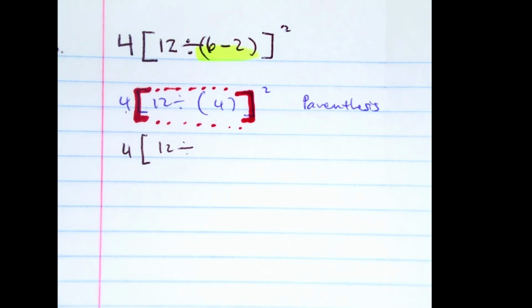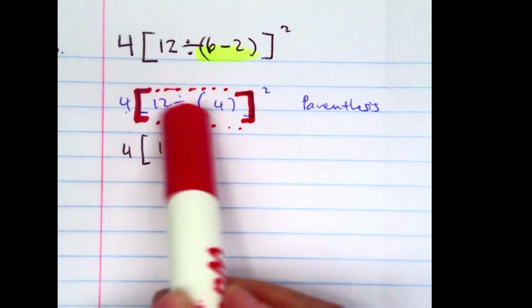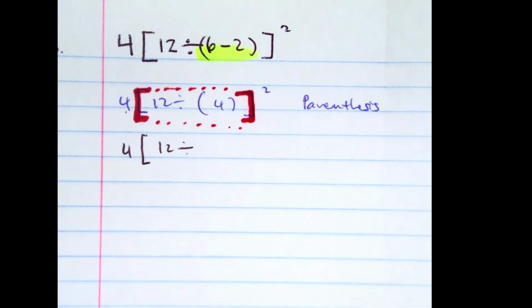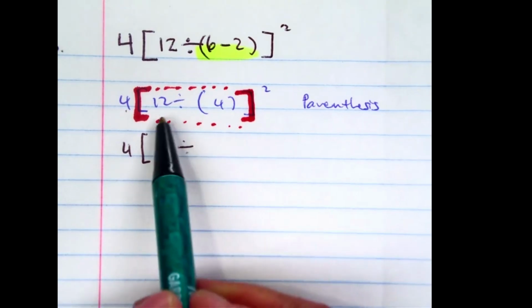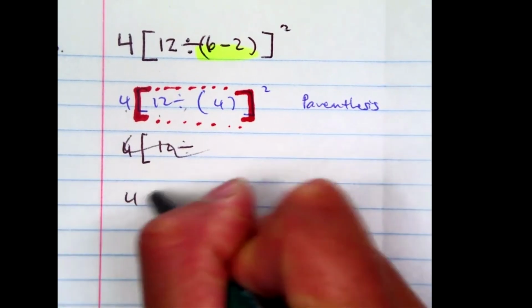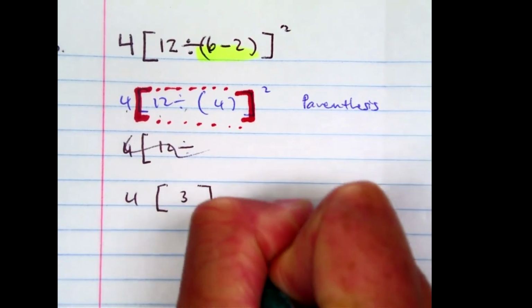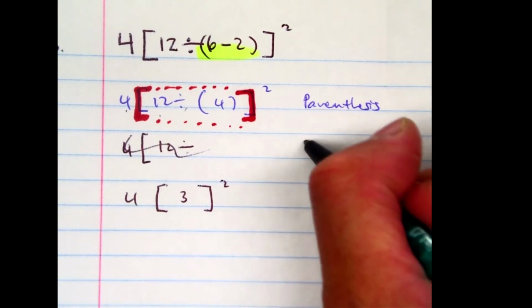Do you see that? Before I'm going to do the X button. In a way, we're still doing the parentheses. So, Jocelyn, we're going to do 12 divided by 4, which is what? 3. So we can say we did the brackets.